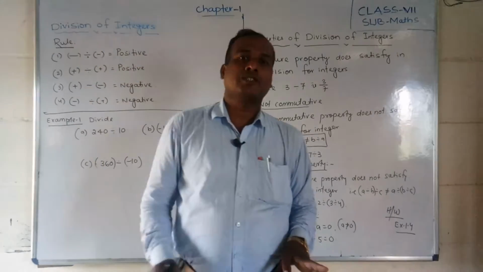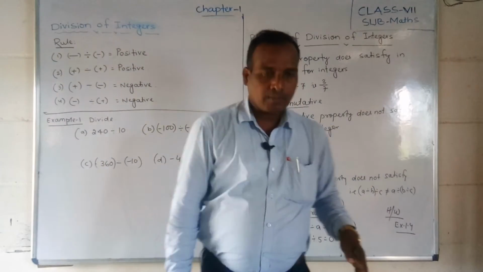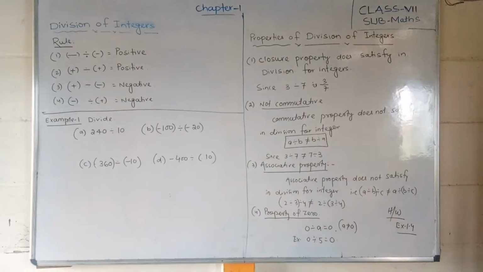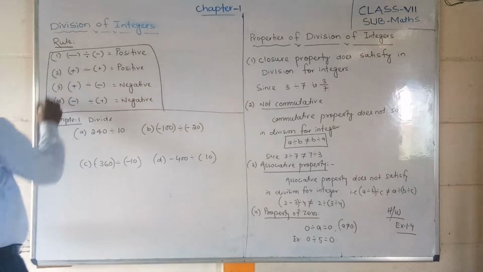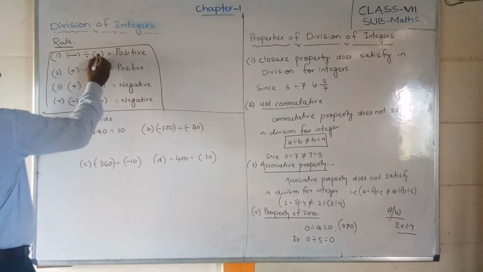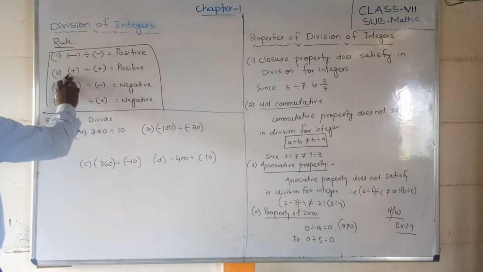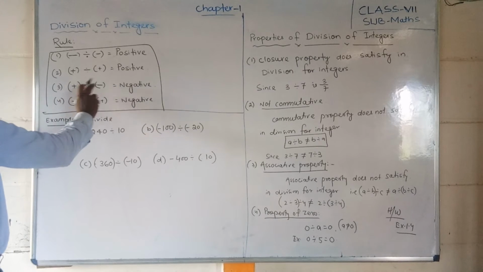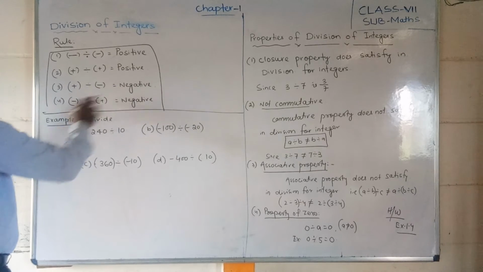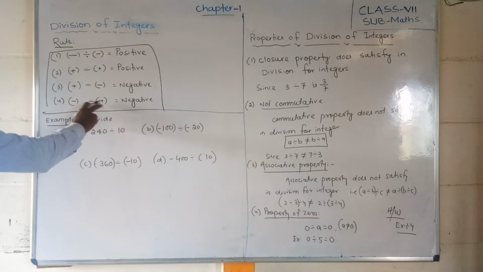Okay? So now let us start, what is division? For that I have made one rule here, students, you can remember: plus divided by plus you will get positive, minus divided by minus is positive, plus divided by minus is negative, minus divided by plus is negative.